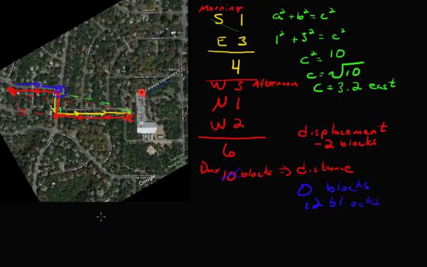All right, the last thing I want to show you is a little bit of graphing. All right, so what I'm going to do is I'm going to set up a graph here.